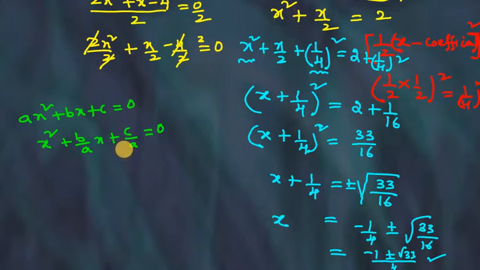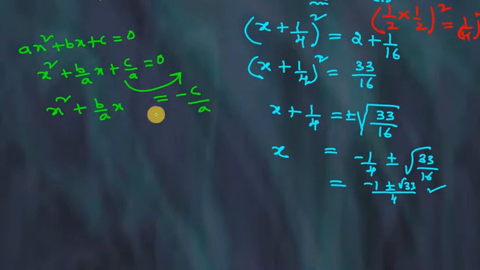Second step is take the constant to that side. So you will get it as x square plus b by a into x is equal to minus c by a. So I am taking the constant to the right hand side, so then it changes the sign. Next, this is very important.